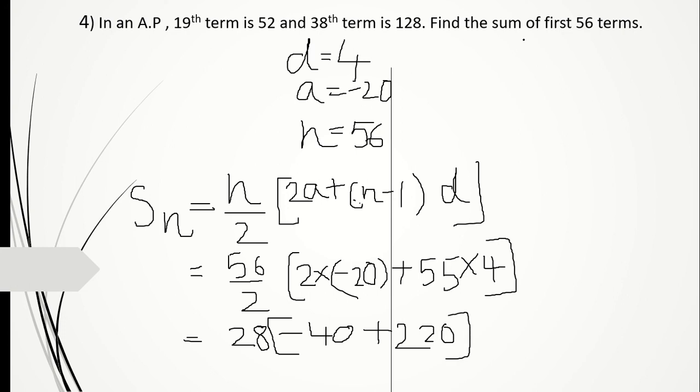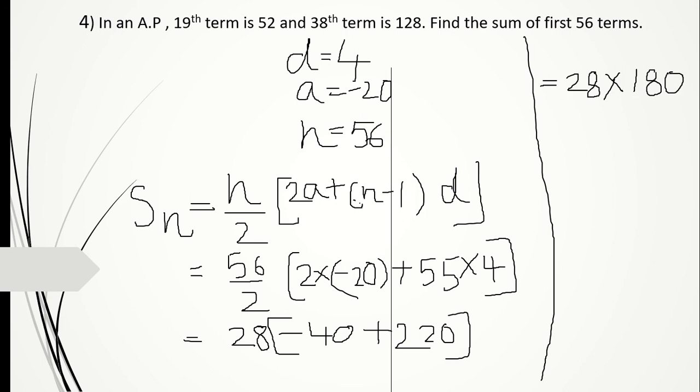Okay, so that's equals to 28 into minus 40 plus 220. Different signs, no? So we subtract and give the sign of the greater number. So that is 180. And 180 multiplied by 28 is 5040. So therefore the sum of the first 56 terms we get 5040.